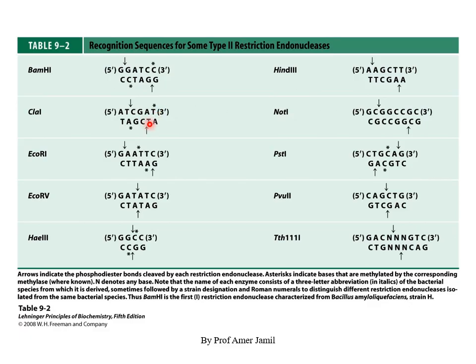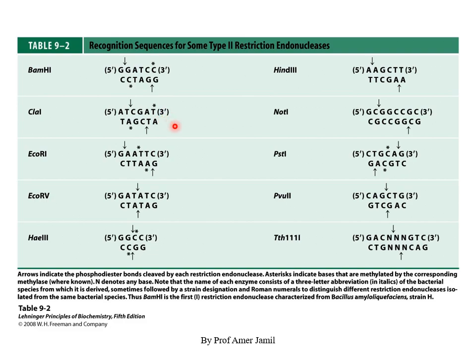Because this site must be present within the chromosome of the bacterial cell from where these enzymes are isolated. So what may happen is that this enzyme will cut its own chromosome. So in order to avoid that, nature has provided a methylation function inside the bacterial cells.